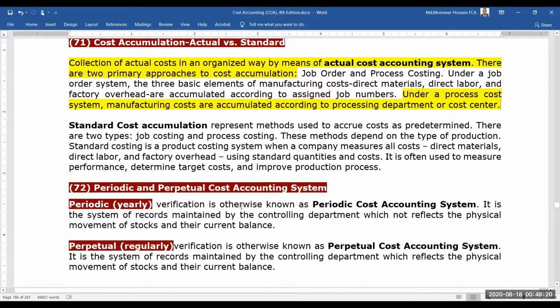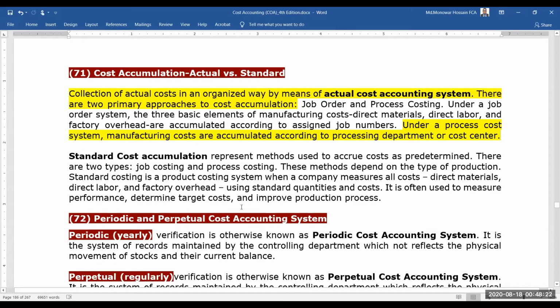Standard cost accumulation represents the method used to accrue cost as predetermined. There are two types: job costing and process costing.